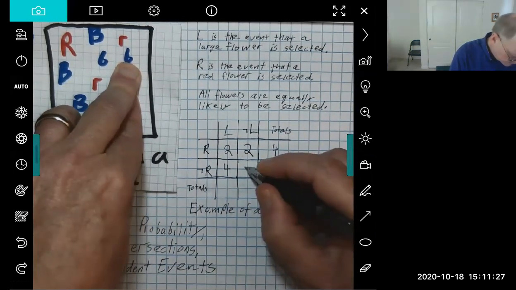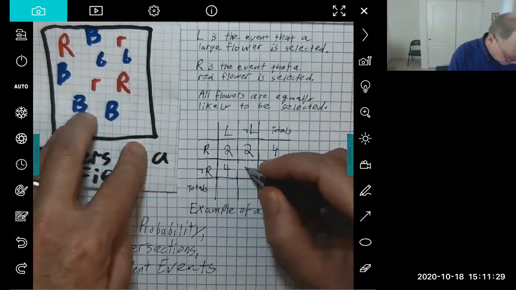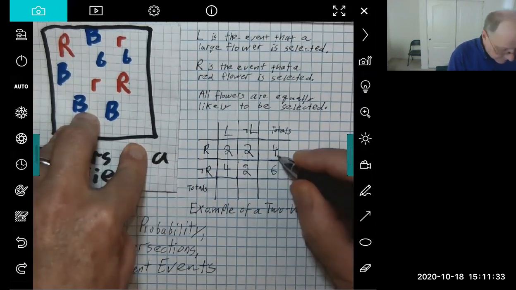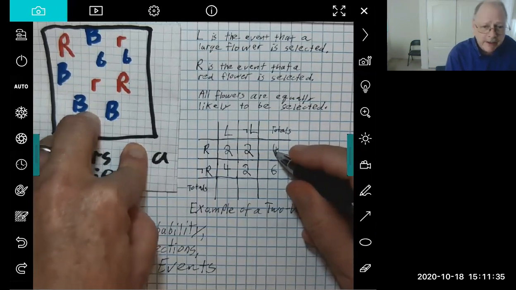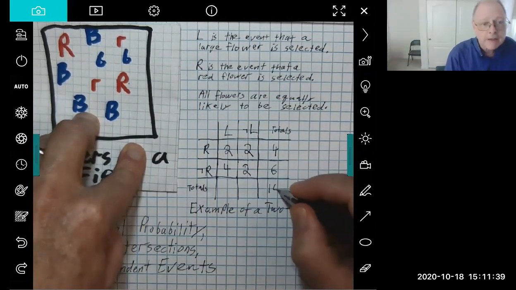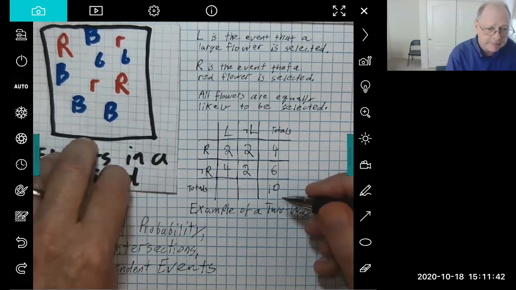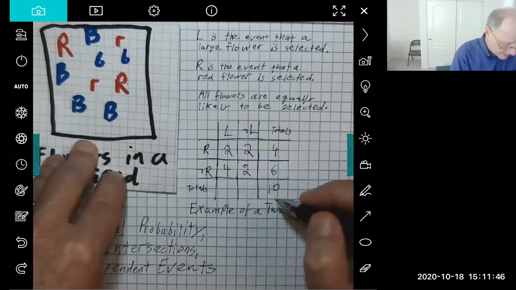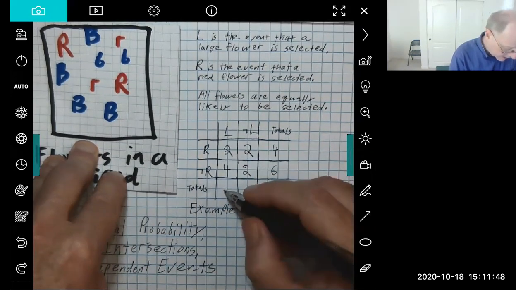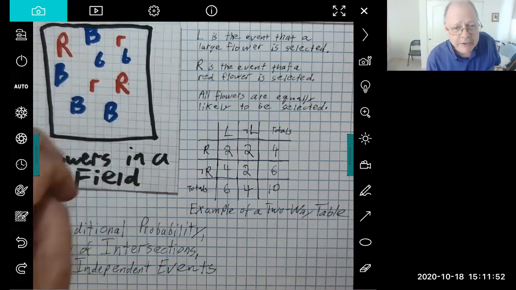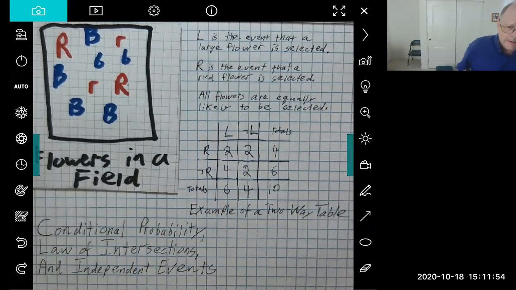So that's 2 of those. So 4 flowers that are red, 6 flowers that are not red, a total of 10 flowers in the field. Of those 10 flowers, 6 of them are large, 4 of them are not large. So I filled in my two-way table.